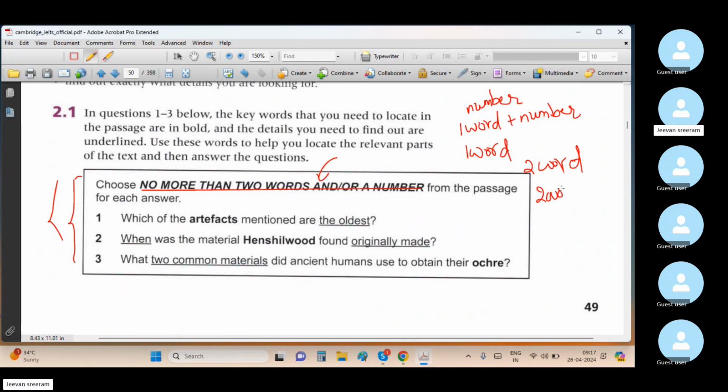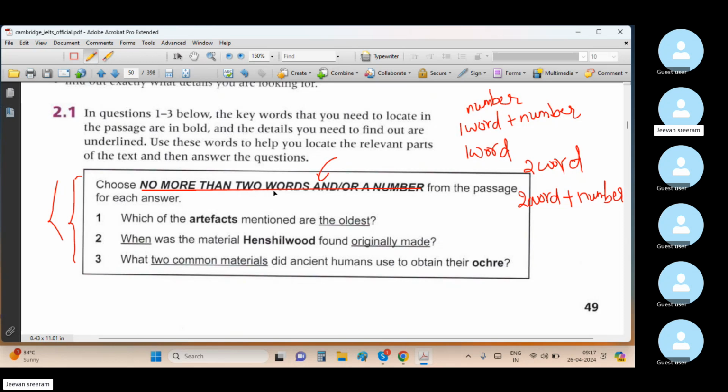You can even write 2 words inclusive of a number. So 2 words plus a number becomes 3 words, no?